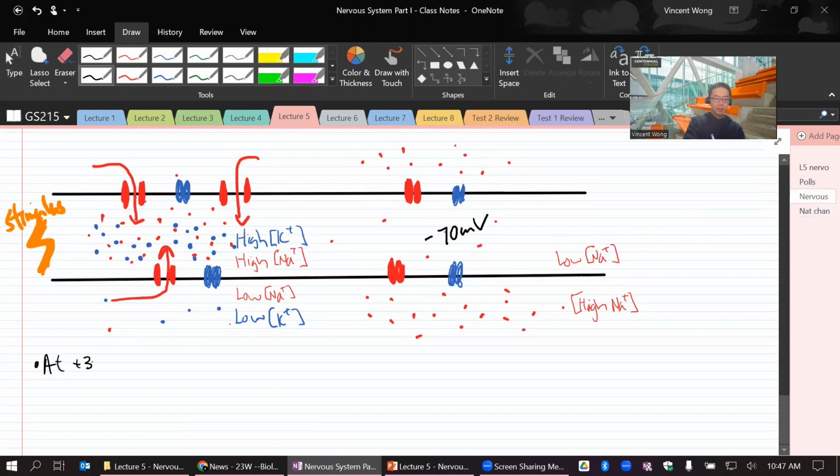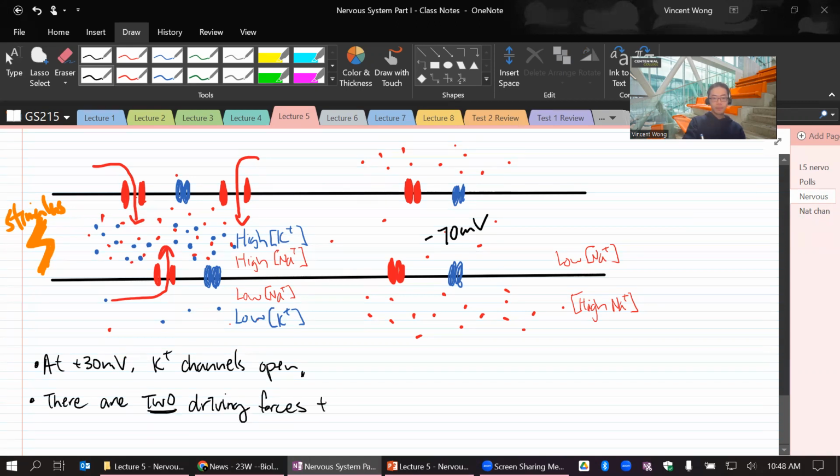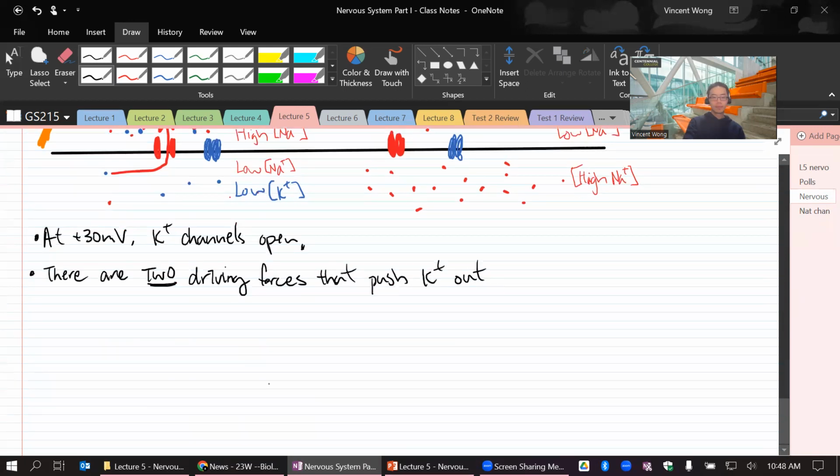At positive 30 millivolts, potassium channels open. Okay. And then there are two driving forces that push potassium out.